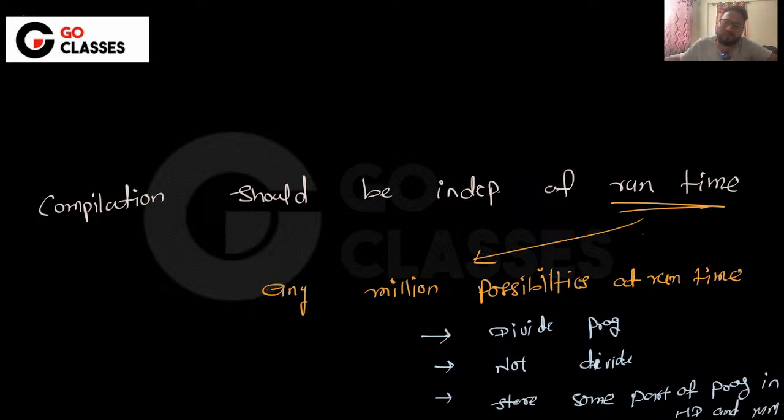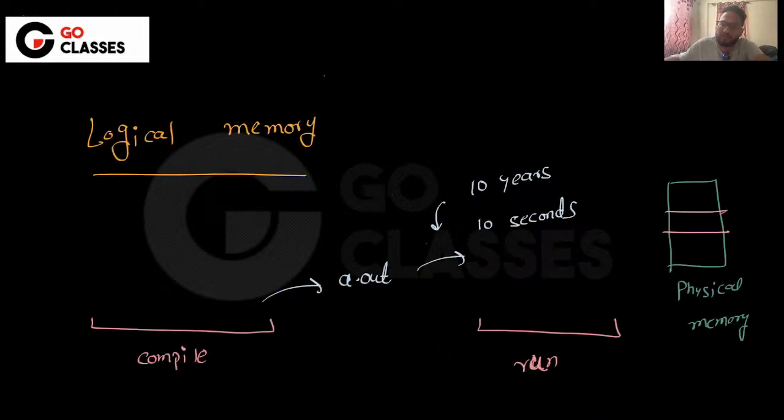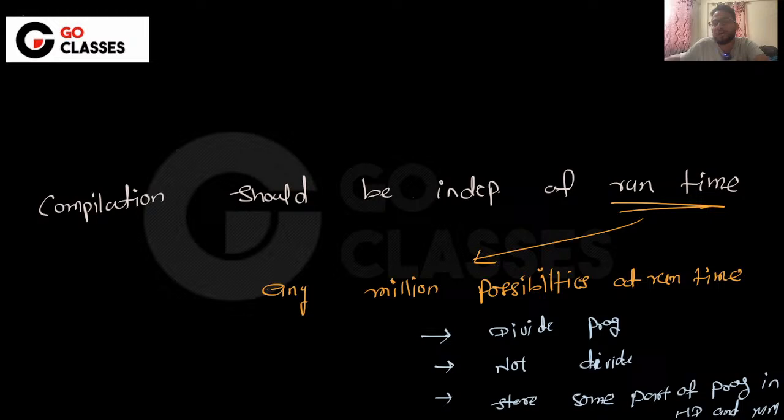You might choose to say that okay, this part I should bring into main memory, this part should be in the hard disk, something like this. So basically, any million number of things you can do at runtime. So the conclusion is that compilation should be independent of runtime, and that's where this logical memory comes into the picture. We say to the compiler, right?